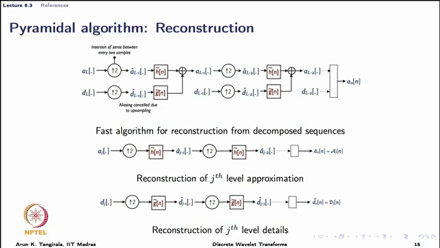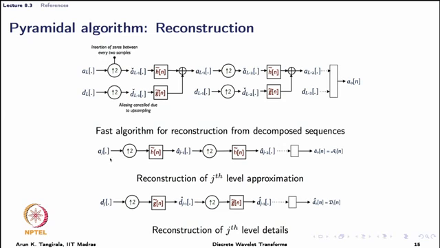Now, as I mentioned earlier, I can reconstruct a particular approximation in a particular frequency band. I can take AL alone and upsample, and that will give me AL minus 1, that is upsample, filter, giving me AL minus 1, again upsample, filter, and so on until I reach the maximum, that is the finest scale.